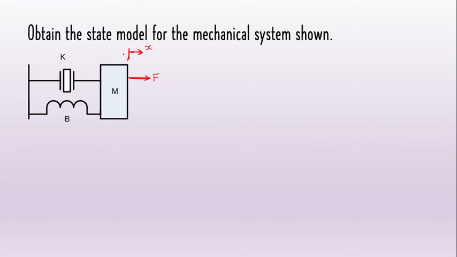So in a mechanical system, what are we going to take? We are going to take the position, that means the displacement, and the velocity as state variables. So in this type of mechanical system, let us consider displacement x and velocity.